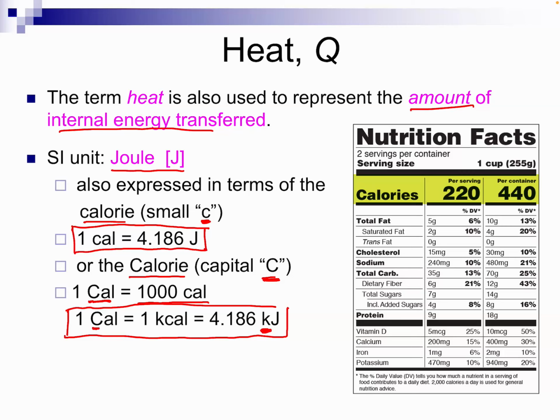Yeah, and it's usually what you see at the back of food packets, which tells you the number of calories for that particular food. It's measured by how much energy is released when the body metabolizes that food, and the one you see there is the one with capital C, which is equal to 1,000 calories small c, or 4.186 thousand joules.